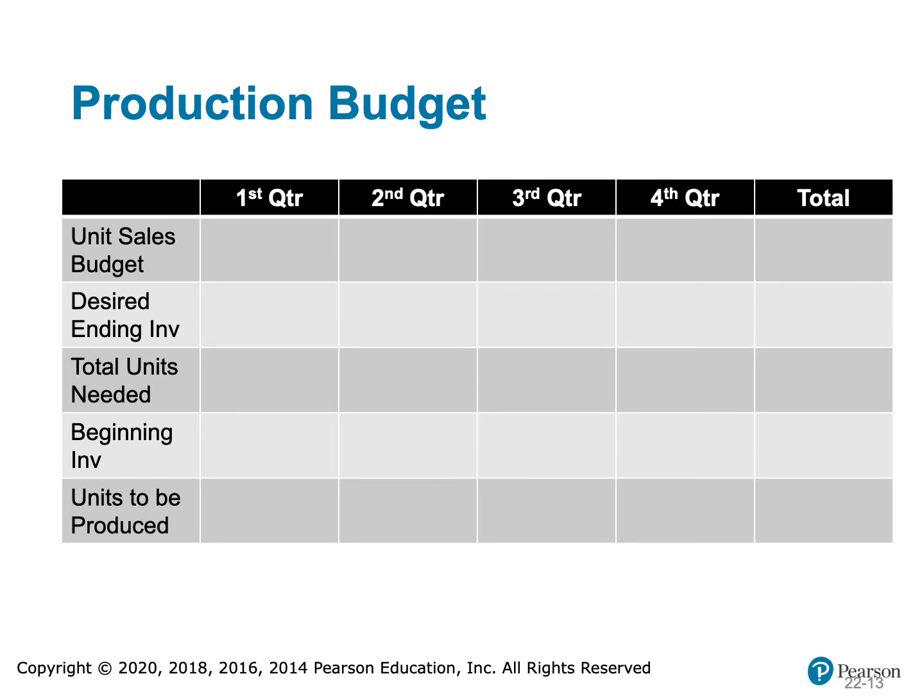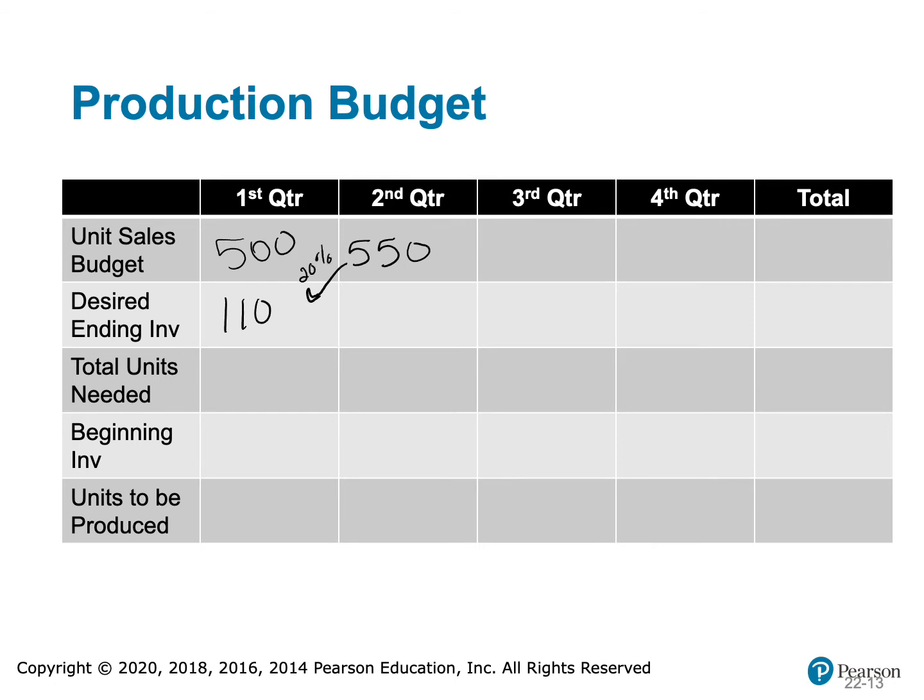So quarter one, we know that our budgeted unit sales are 500 units. We want to have desired ending inventory equal to 20% of quarter two sales. Now, if you remember, quarter two's budgeted sales are 550 units. So 20% of 550 is 110. So this is 20%.